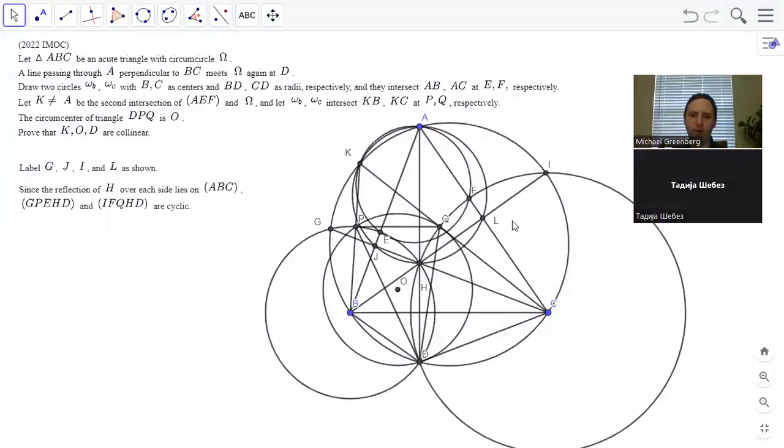I'm trying to remember how we did this. Well, okay, the harmonic was to show PQ is parallel, but the Q point, I'm trying to remember what we did here.